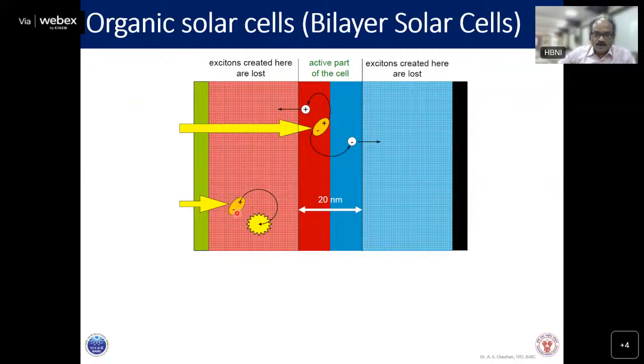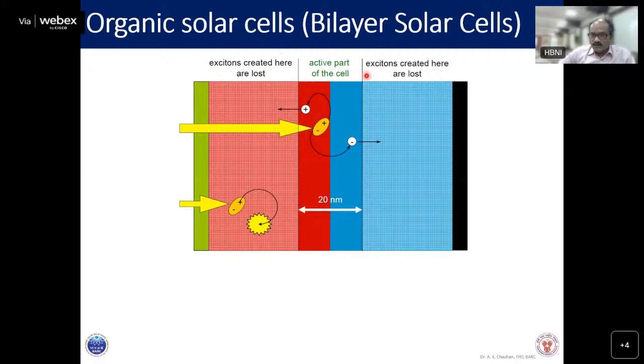So an electron hole pair, an exciton, will be generated, but this exciton will recombine before it reaches anywhere. So we see this area and this area: whatever excitons are created, all of them are lost because of the recombination.